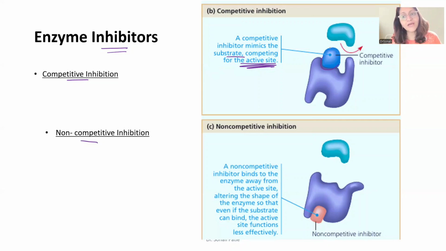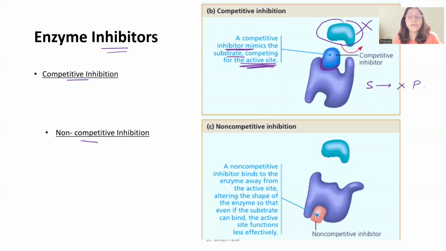So now your substrate won't be able to combine with the active site because it is already bound to an inhibitor. There is no free active site available to bind, so the substrate won't get converted into the product.